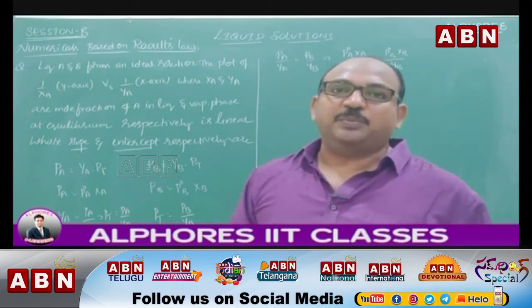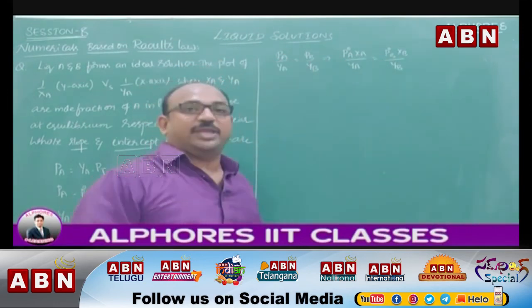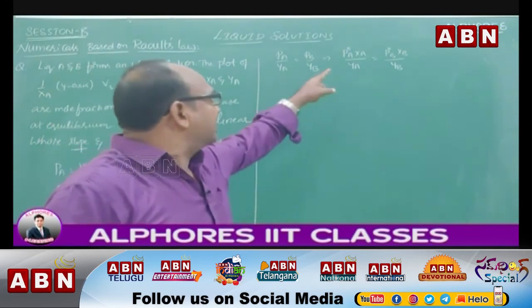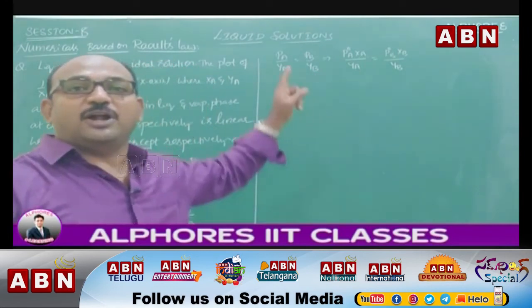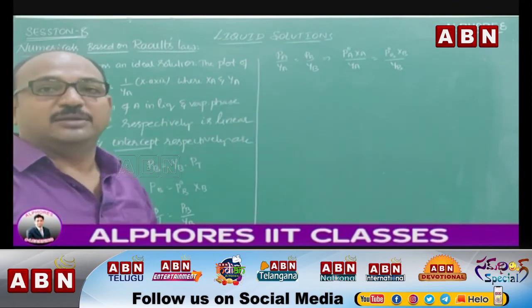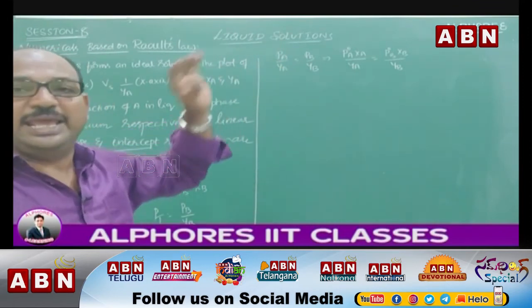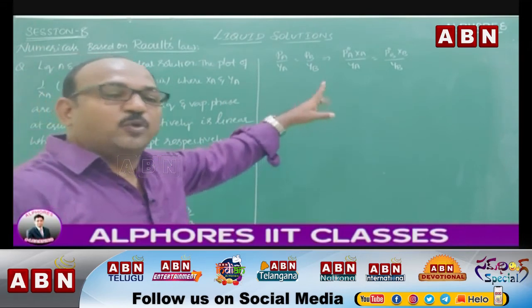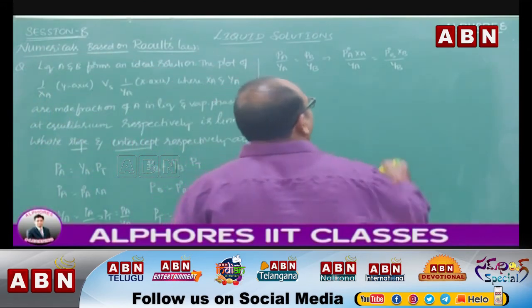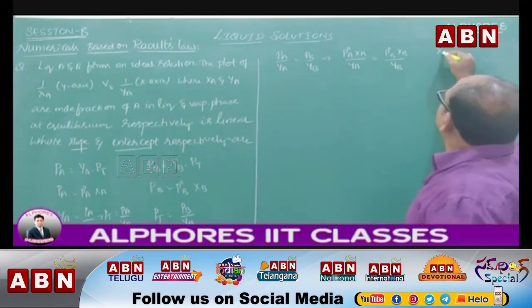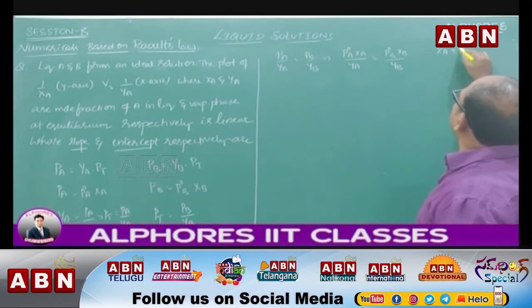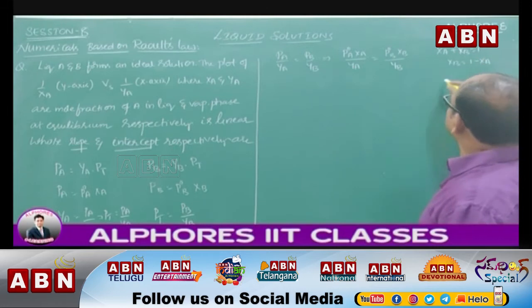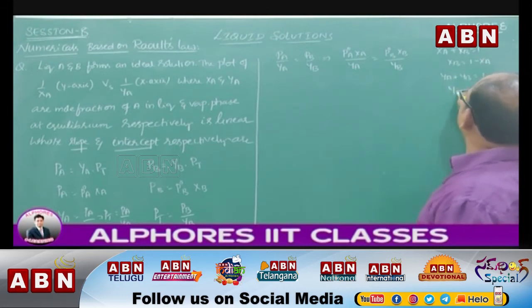Now, in order to remove the XB and YB terms, I am going to write 1 minus XA and 1 minus YA. As we know, XA plus XB is equal to 1. From this, XB is equal to 1 minus XA. Similarly, YA plus YB is equal to 1. From that, YB is equal to 1 minus YA.